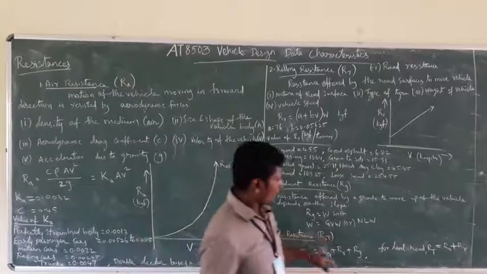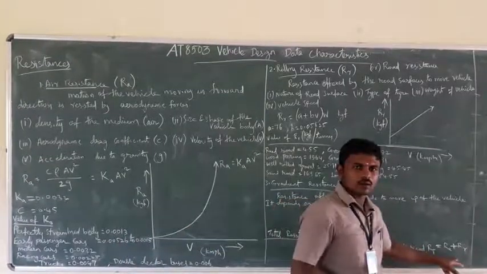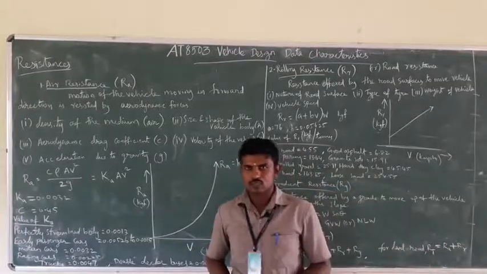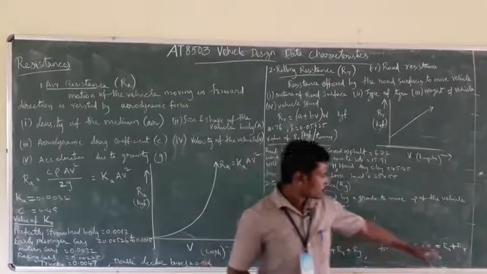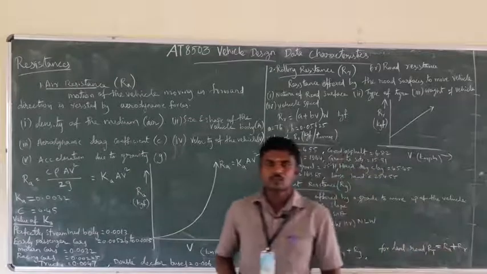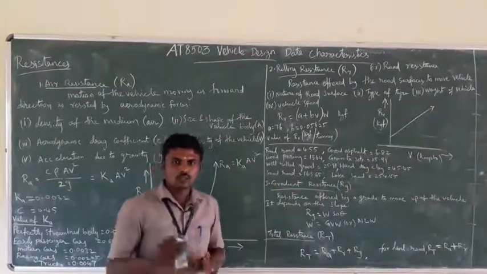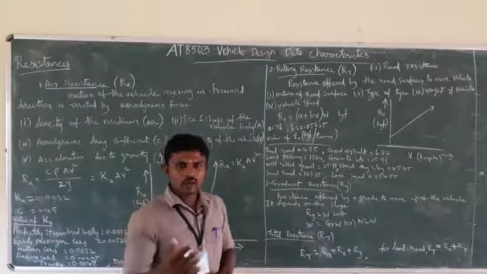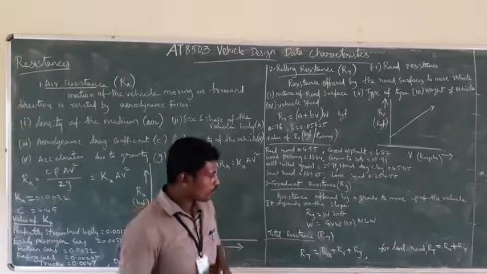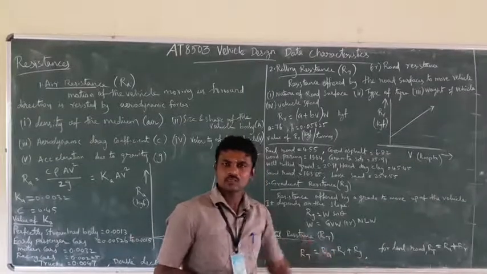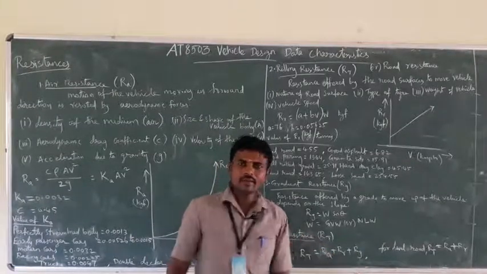For the total resistance, we need to apply only the air resistance and rolling resistance. Suppose it is a hill area, otherwise a slope road, we need to consider the gradient resistance.